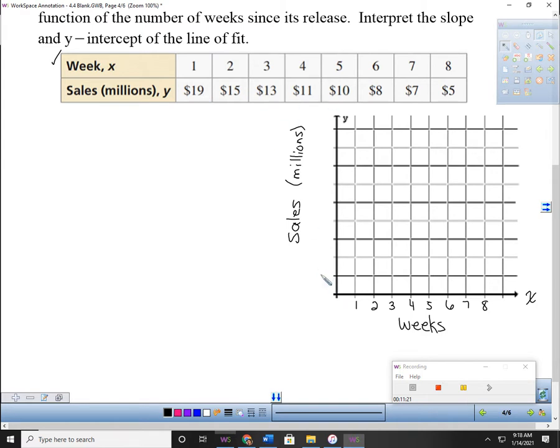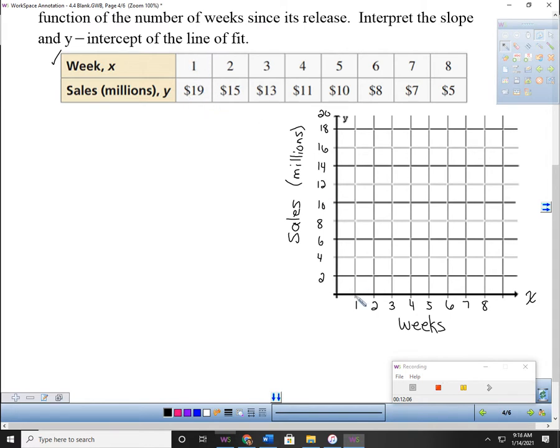So we've got 2, 4, 6, 8, 10, 12, 14, 16, 18, 20. All right. So we're going to plot these points. So when I'm at 1 week, I should be at 19 million.